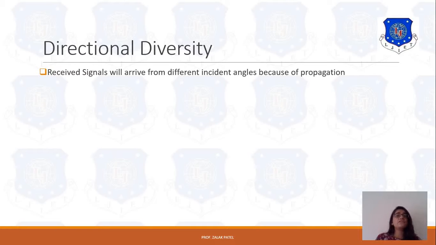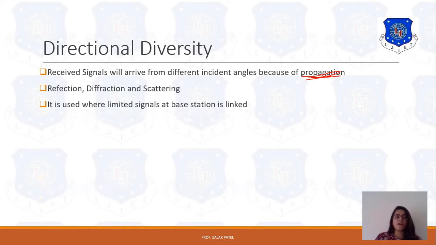It also depends on the surface, whether it is a plane surface or an obstructed surface. All these factors affect the propagation of the wave, and because of reflection, diffraction and scattering, the limited signal at the base station link means system performance will degrade.